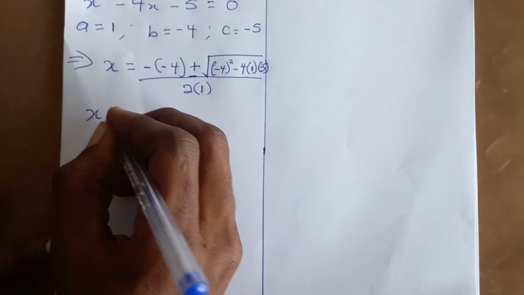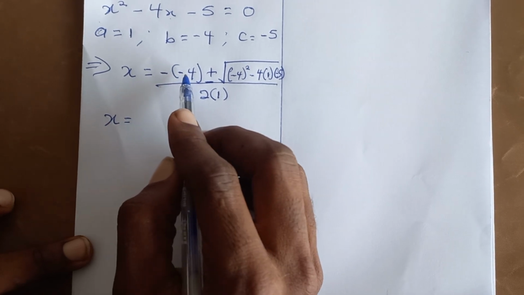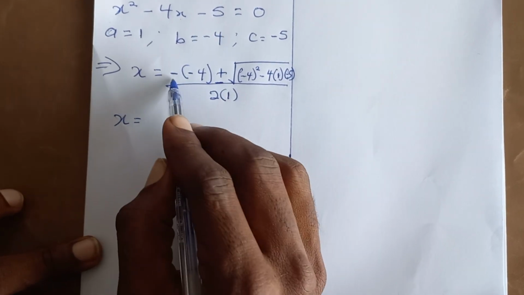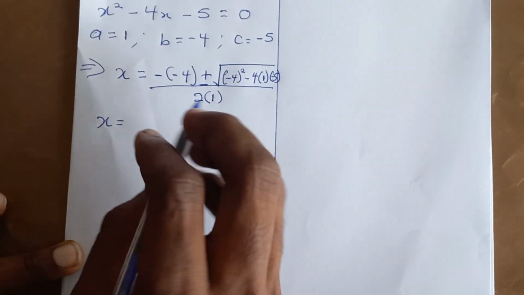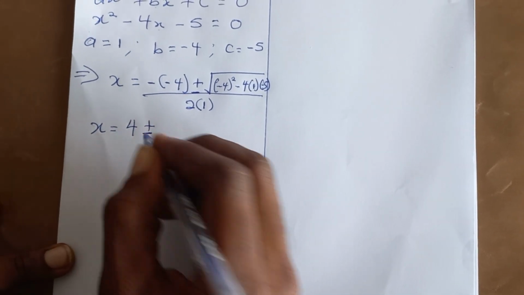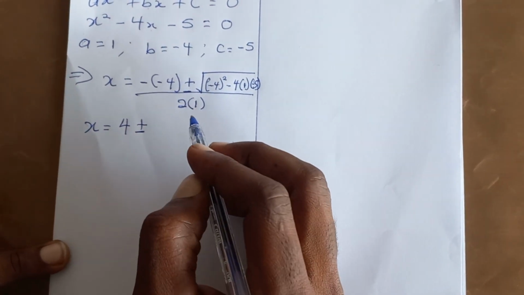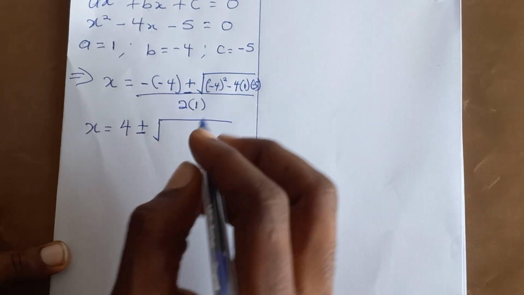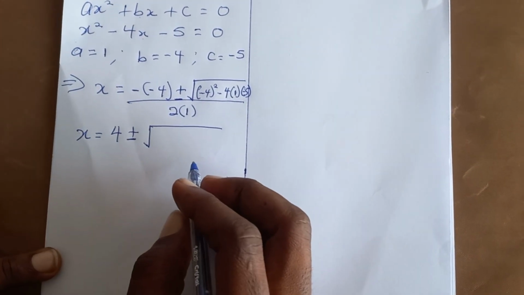Good. Okay, so let's simplify this. So we get x is equal to negative times negative 4. So we assume that there is 1 here, so it will be negative 1 times negative 4. You get it? Good. So we get a plus 4 here. You bring your plus or minus. Now let's simplify what is inside the square root. Negative 4 squared is 16.